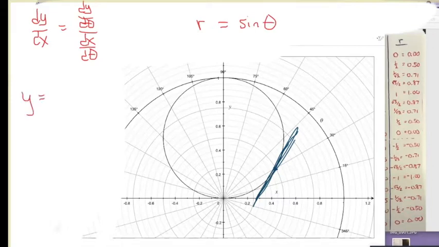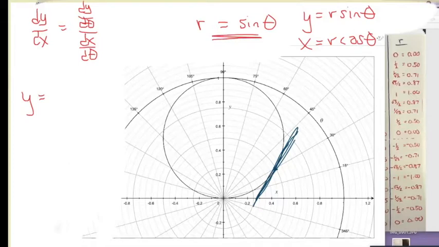Don't forget the conversions that I gave you guys earlier. y is equal to r sine theta, and x is equal to r cosine of theta. So for this particular circle, since r is sine of theta, our y will be sine of theta, which is r, times sine of theta, so we get sine of theta times sine of theta.